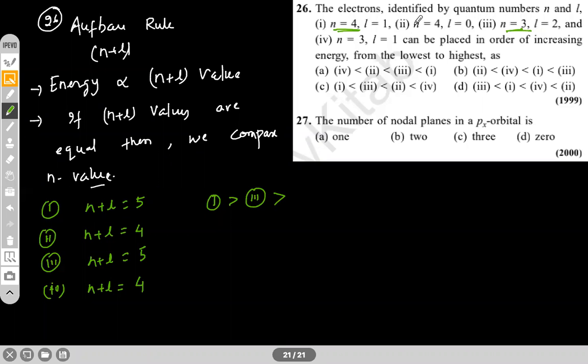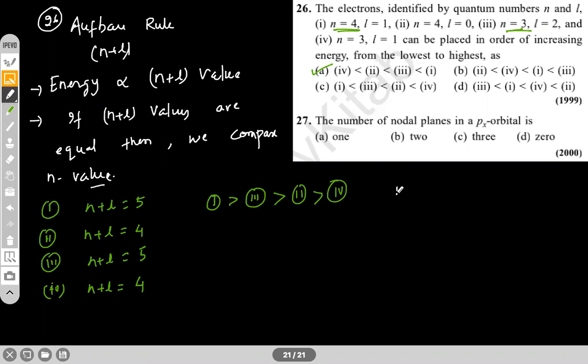Second and fourth, if you compare n value, n value is lesser for the fourth one. So we have second here, and in the last we have fourth. So this is the decreasing order of energy. So let's check the options. First has maximum, then third, then second, and then fourth. Option A is correct here.